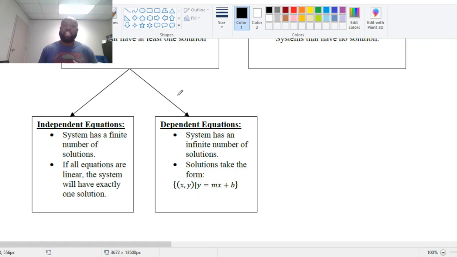Since there's an infinite number of solutions, we have to find a way to write all the solutions, and we usually just present the equation. This says that the solutions take the form: the set of all ordered pairs (x, y) such that y = mx + b. That's one way of writing solutions. We may talk about other ways once we get into the homework.